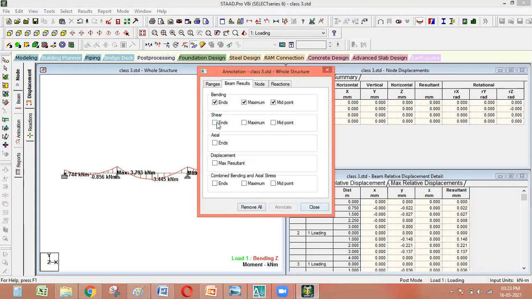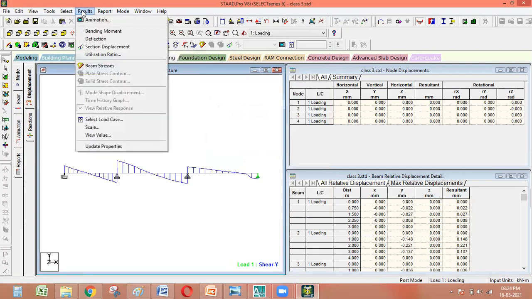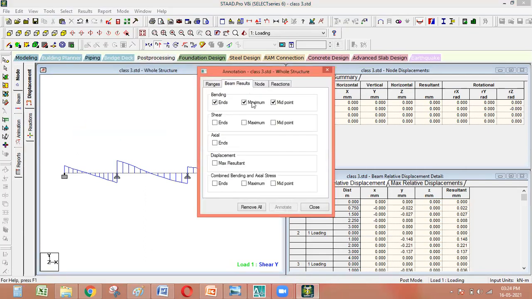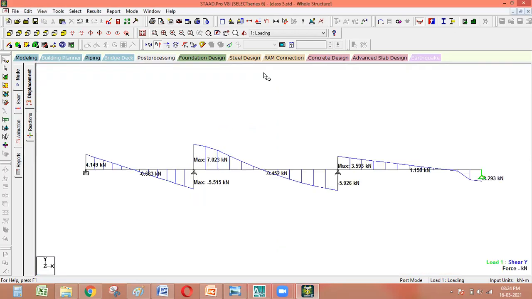Next, you can also view the shear force. Fy result, view value. Instead of moment, you go to shear. This is how you can view the shear force diagram.